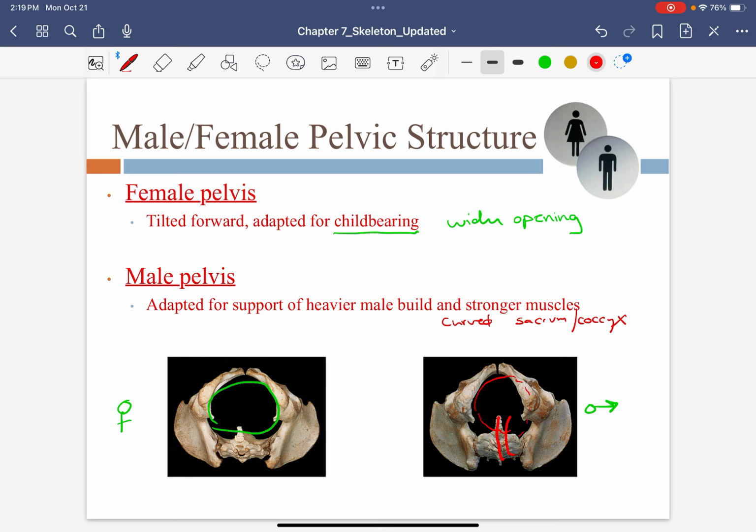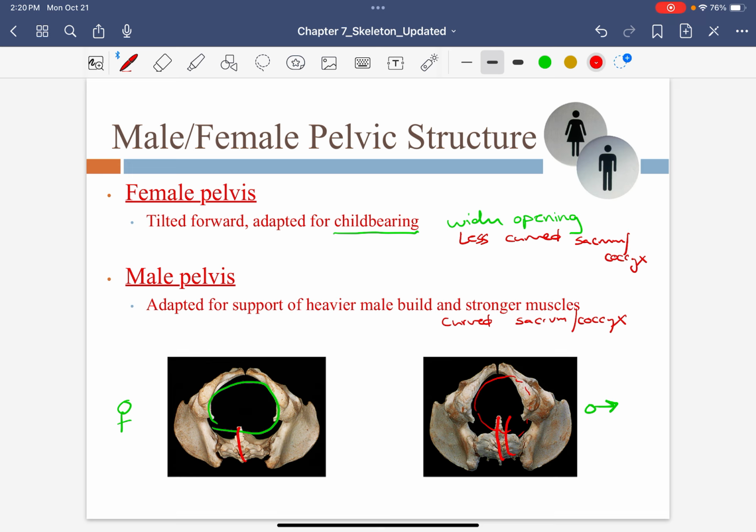Well, not the same for the female. It's less curved. And that, of course, is because we don't want things in that open space. We need that wide opening for the birth canal for the baby to come through. So these adaptations are for childbearing in the female.